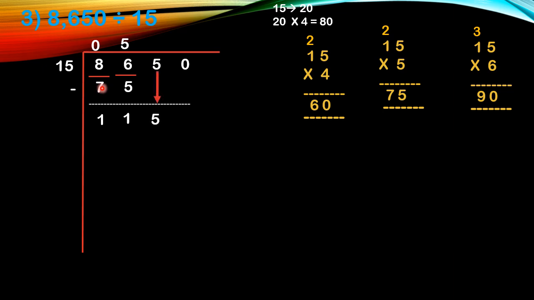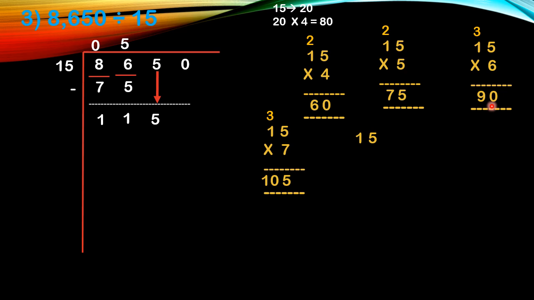After that we have to bring down 5 here. So 115. We have already found that 15 into 6 is 90. So the next step, 15 into 7. 5 sevens are 35, carry 3. Then 1 seven is 7, 7 plus 3 is 10.